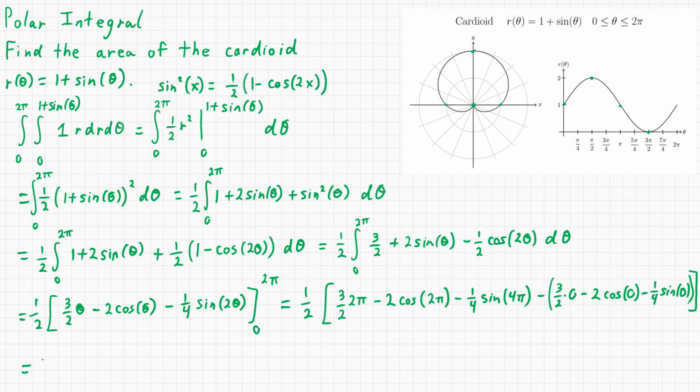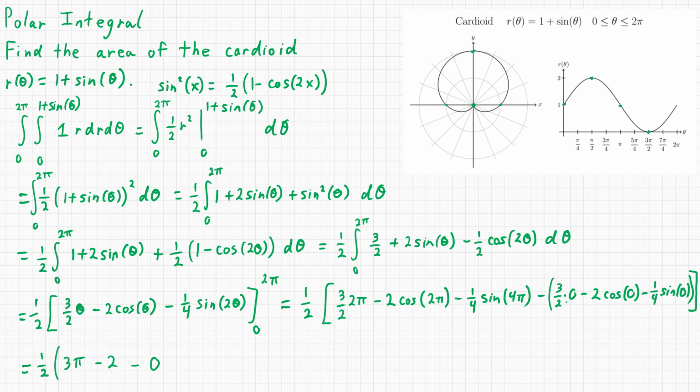Okay, so down here I still have my 1/2. I've got 3 pi from that first term. Cosine of 2 pi is 1, so that's minus 2. Then I have sine of 4 pi, well, that's 0.